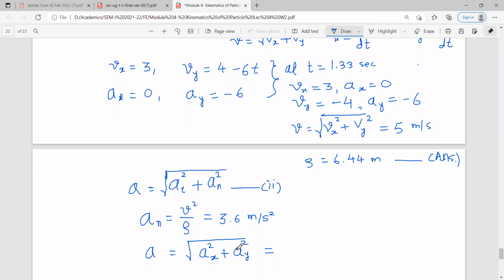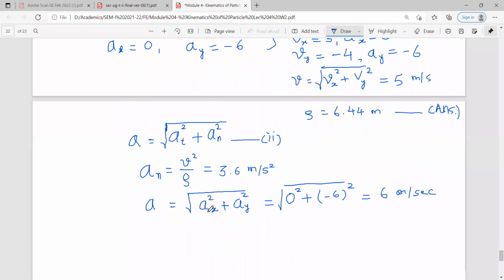If you put these values here, the acceleration is 0 square plus minus 6 square, whole thing under square root. So that will give me 6 meter per second.